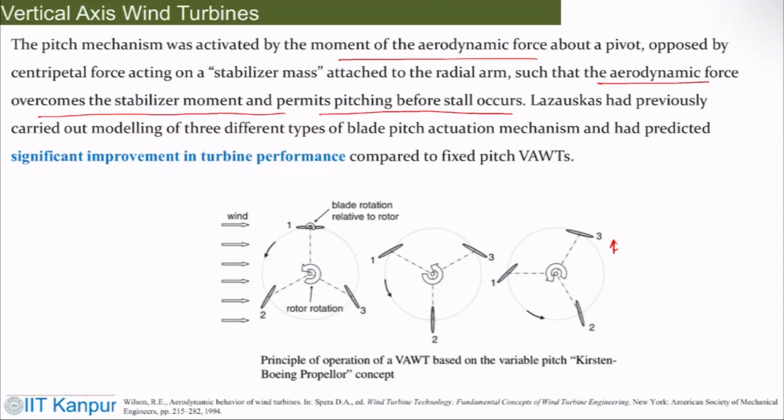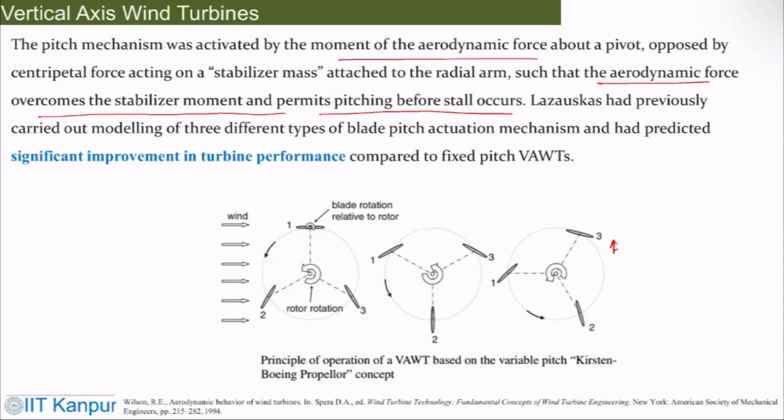The angle of attack change is required to increase your lift, and the lift here is what makes the shaft rotate. Obviously, the more rotation you have, the more power you get. That is the simple mechanism it works upon. But since the aerofoil is rotating and exposed to the oncoming wind, there could be separation.